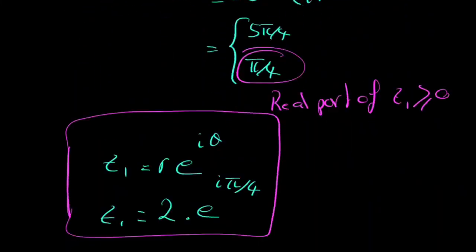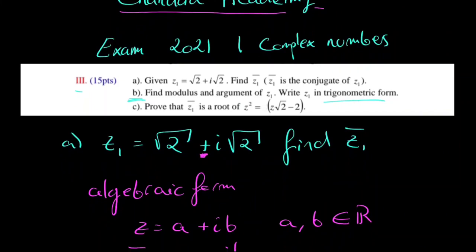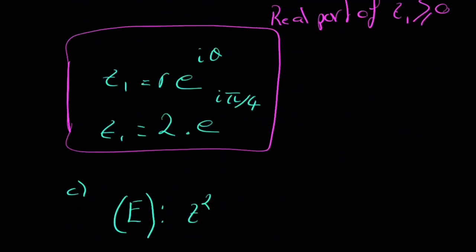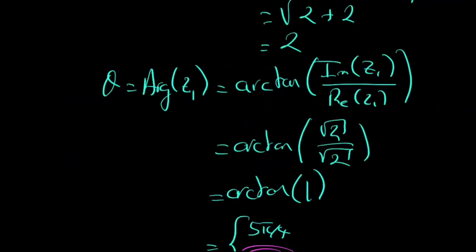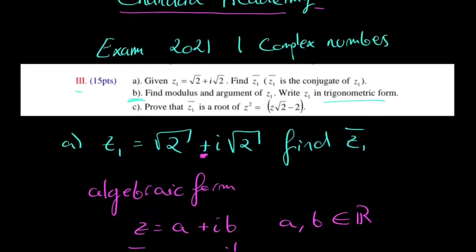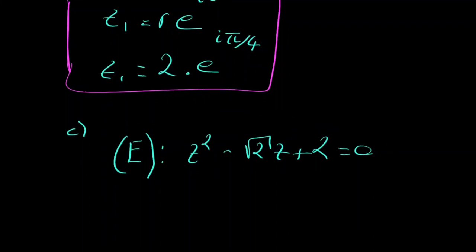Let's just write the equation, E: z squared minus square root of 2 z plus 2 is equal to 0. I switched this number to this side because they were here, so one negative sign appeared.